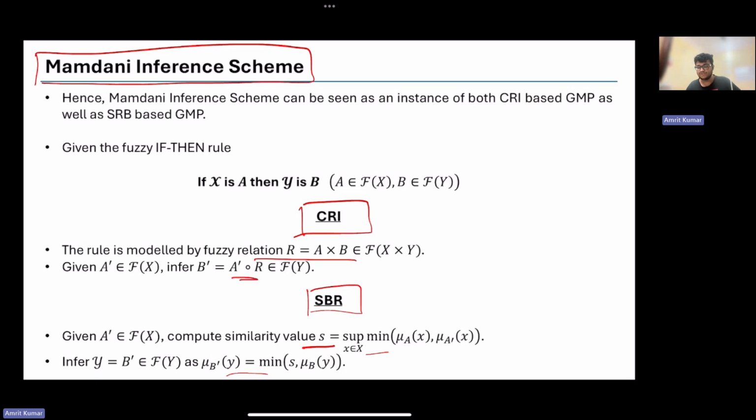And in the CRI viewpoint, you basically compose A dash with R to get your B dash. Okay. So I hope by now you have a sense of what Mamdani inference scheme is, right? Because it's very important, first of all. As I said earlier, Mamdani inference scheme has been used in so many applications. So this is something that you should definitely learn whenever you are taking a course on fuzzy set theory or fuzzy logic.